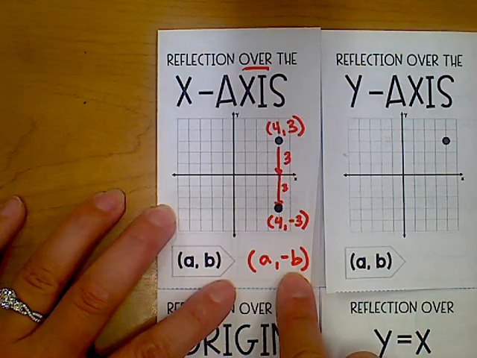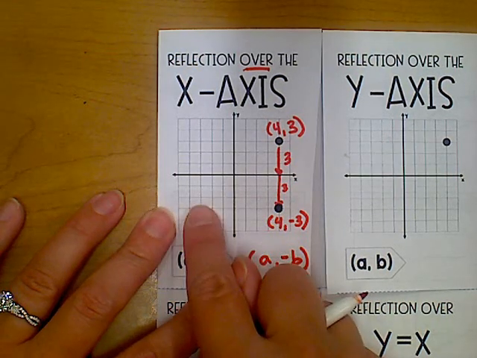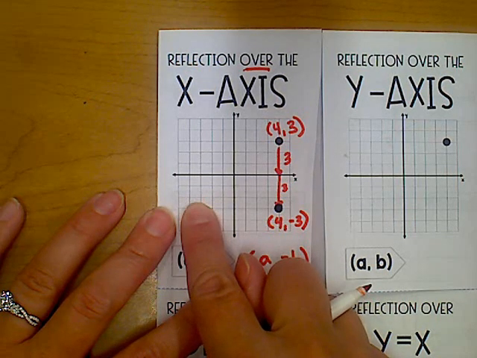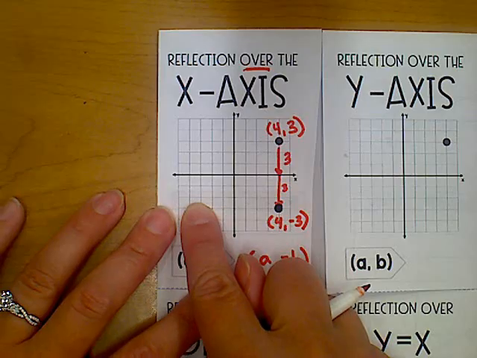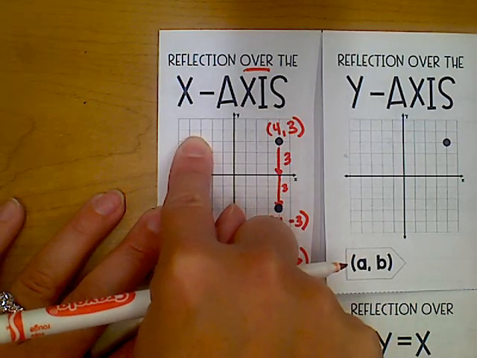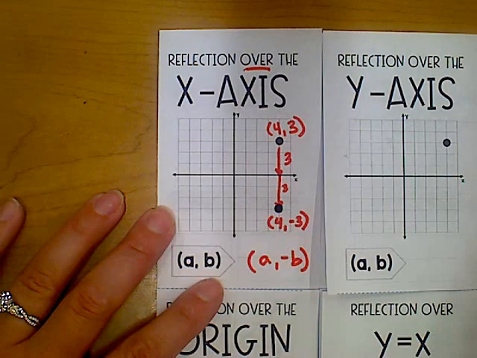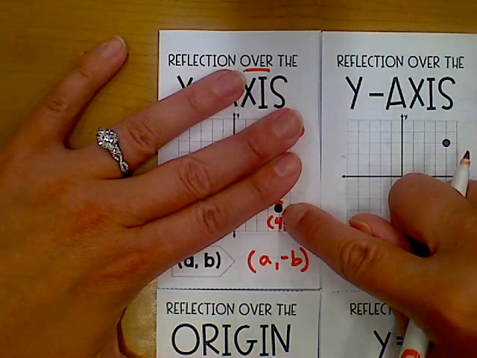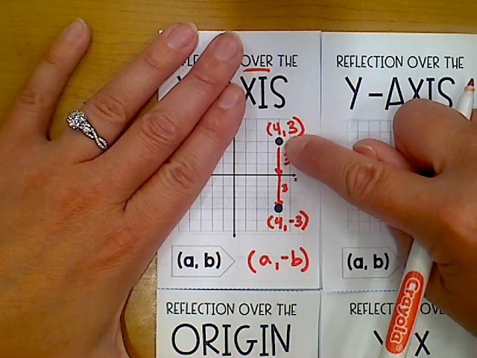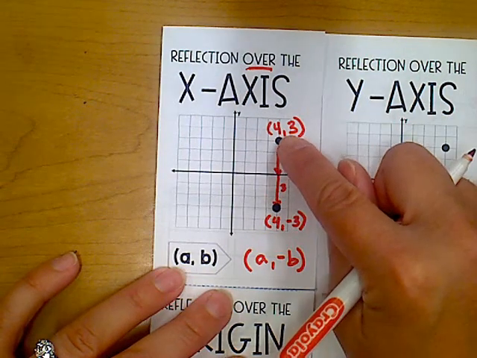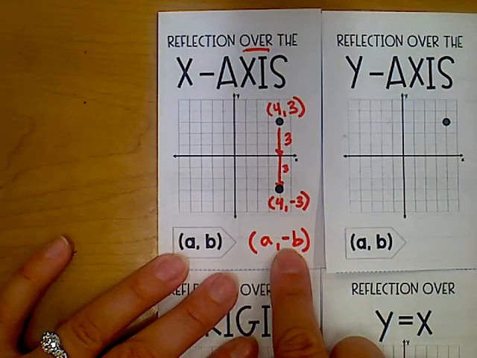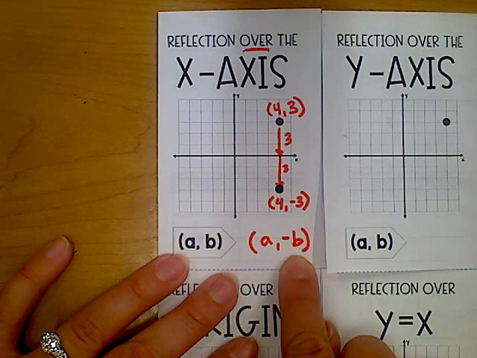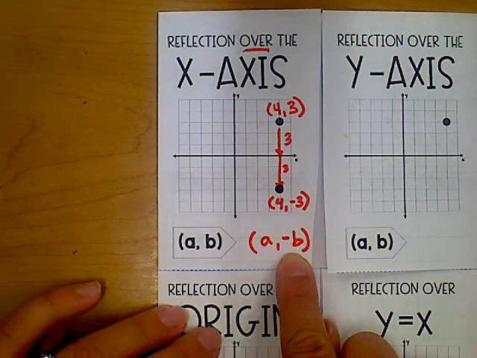Please notice that I'm trying to be very intentional in saying the opposite of B instead of -B, because if your y is originally negative, reflecting over the x-axis means it's going to the positive. So if (4, -3) had been our original point, and we reflected it up, our reflected point is now (4, 3). It's more about that coordinate being an opposite than it is being a negative.